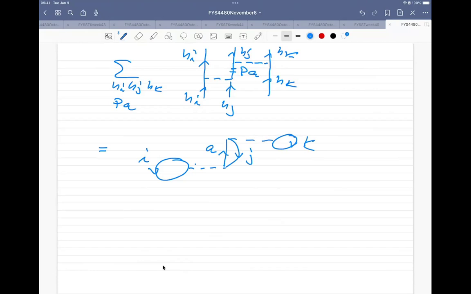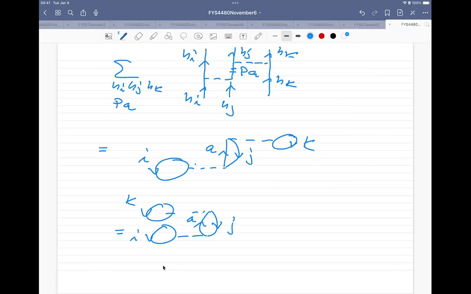We could have labeled that one differently because the interaction is symmetric under the exchange of two particles. That means that this could actually be written like this. It will give rise to exactly the same mathematical expression. So we would have a K here, an I here, and then a J and an A again.